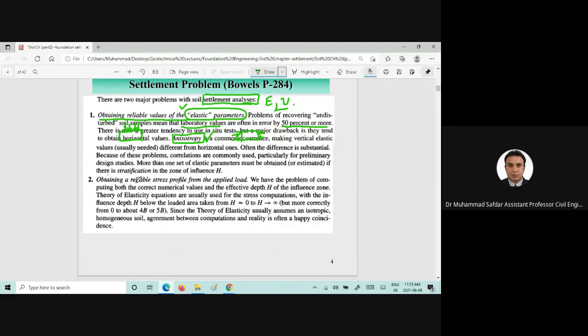The second problem is obtaining a reliable stress profile from the applied loads. So the stress profile from the applied load should also be known or calculated. Now there are two sub-problems in that. First of all, we need to calculate the magnitude or the numerical values of that stress, and then the next point would be how deep we should go for that particular stress profile.